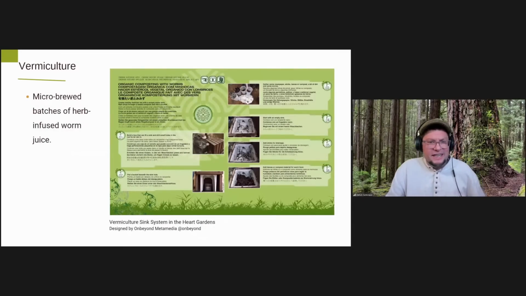Next to the compost is a raised vermiculture system, a sink, hosting a worm colony that processes weeds with weed seeds, including fast-spreading yet beneficial plants like horsetail, which we have a lot of here. So I custom brew small batches of bioaccumulator-infused worm juice to serve the needs of the soil and thus the plants that grow from it.